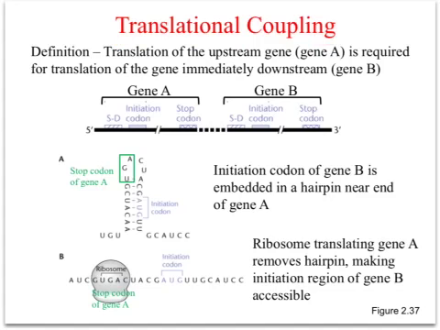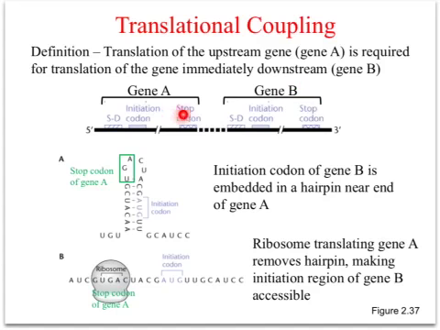Translational coupling is something else. The definition of it is that translation of an upstream gene, for example gene A here, is essential or is required for the translation of the gene that's immediately downstream.